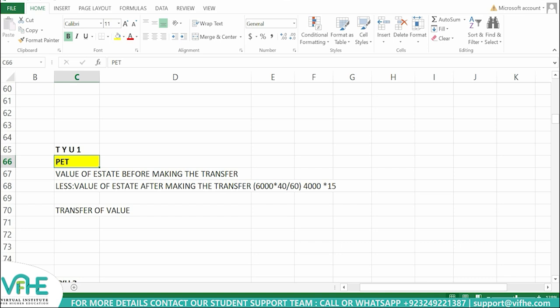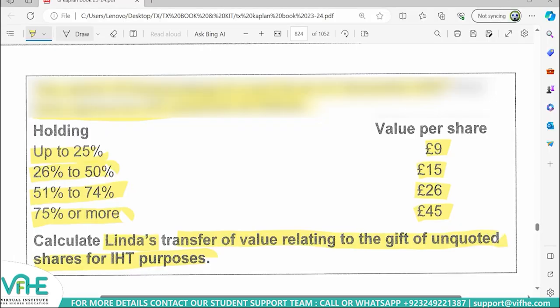So as told in the question, she used to own 6,000 shares, which was representing 60% of the holding, and where one has a holding of 51 to 74%, the value per share is £26.